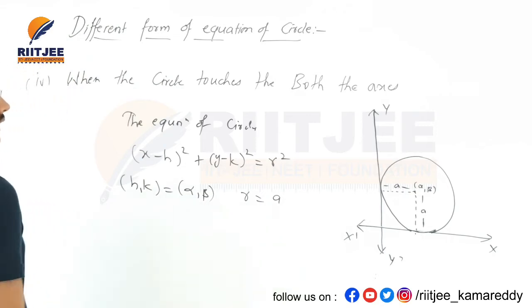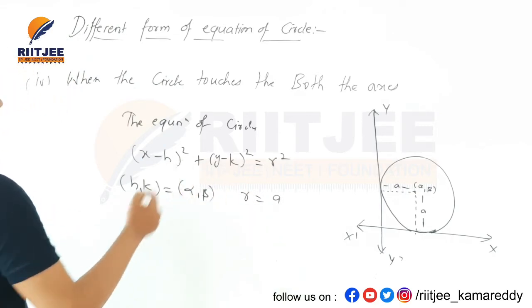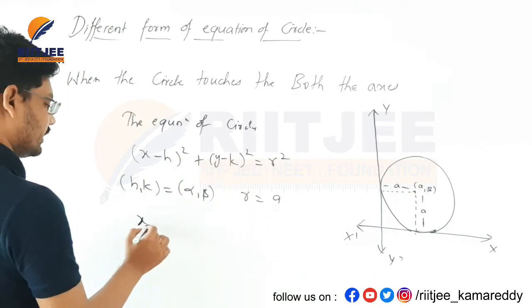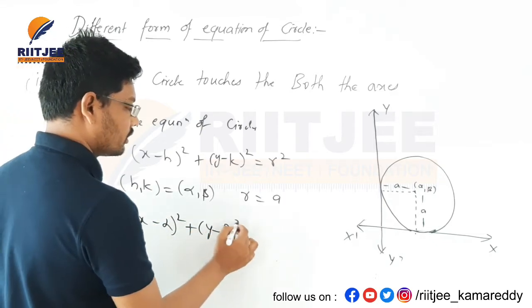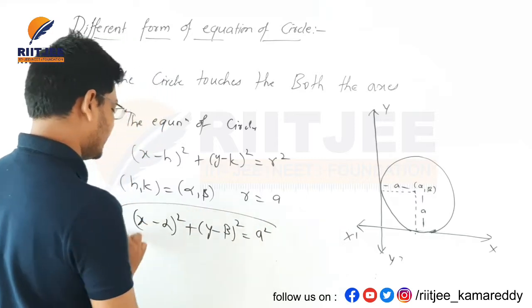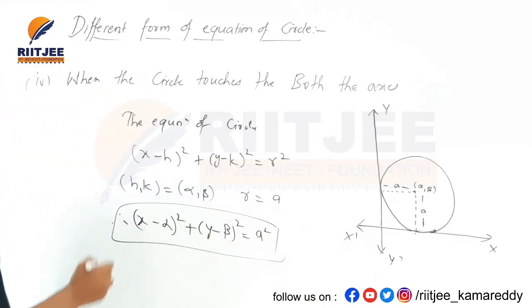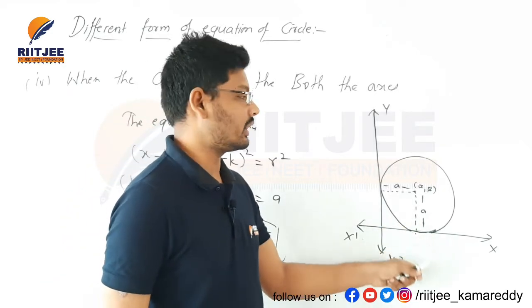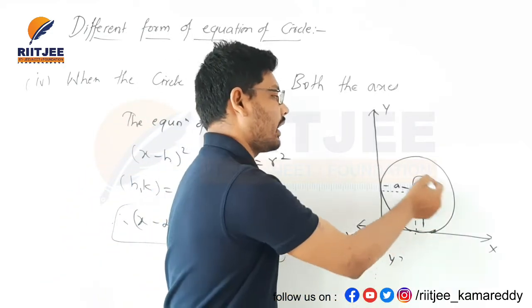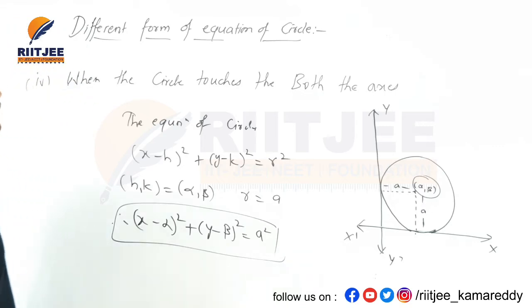Let's substitute the values of h, k and r: (x − alpha) whole square plus (y − beta) whole square is equal to a square. This is the equation of a circle touching both axes with equal distance to the coordinate axes, and the center is alpha comma beta. This is all about the fourth type of equation.